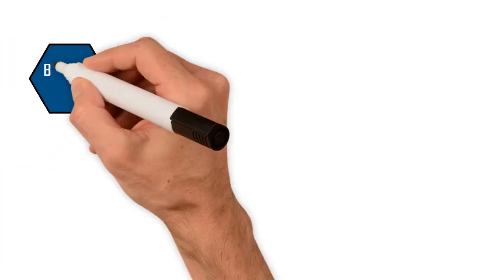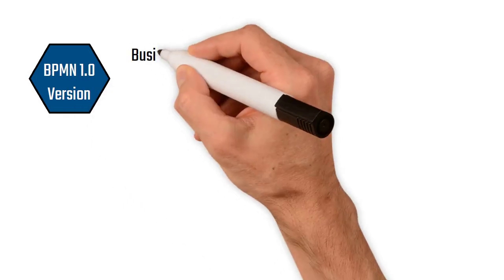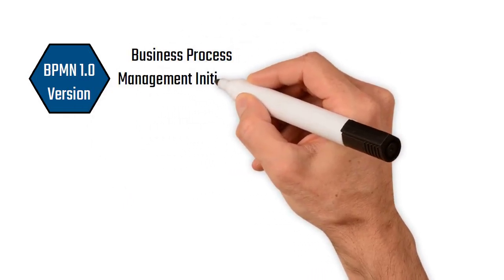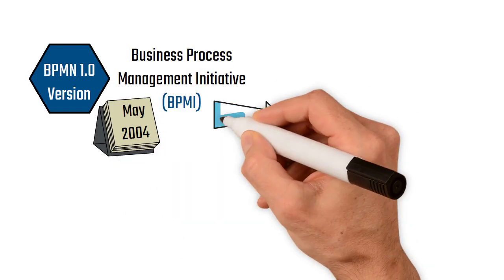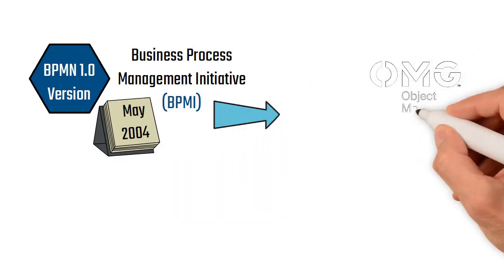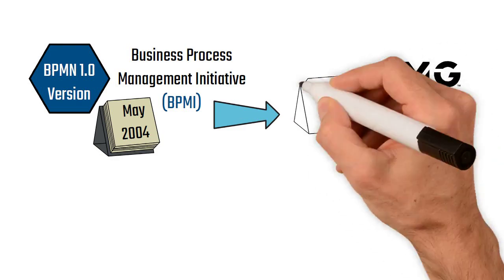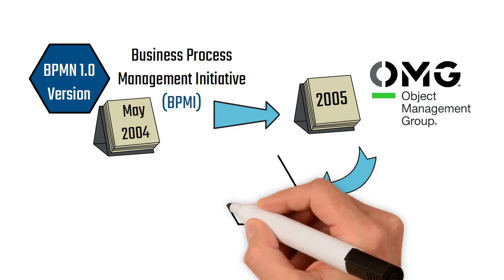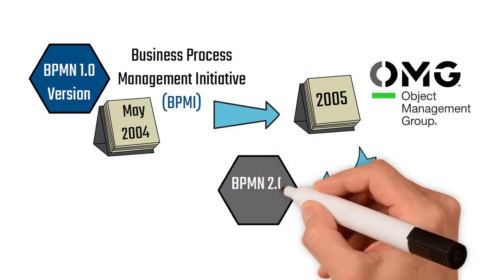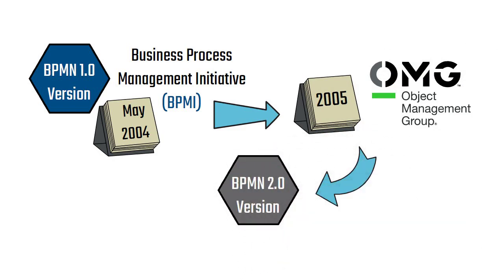The original BPMN 1.0 version was developed by the Business Process Management Initiative, or BPMI, and released in May of 2004. Soon after, the BPMI merged with the Object Management Group, aka OMG, in 2005. And the most current version and latest release of BPMN is BPMN 2.0.